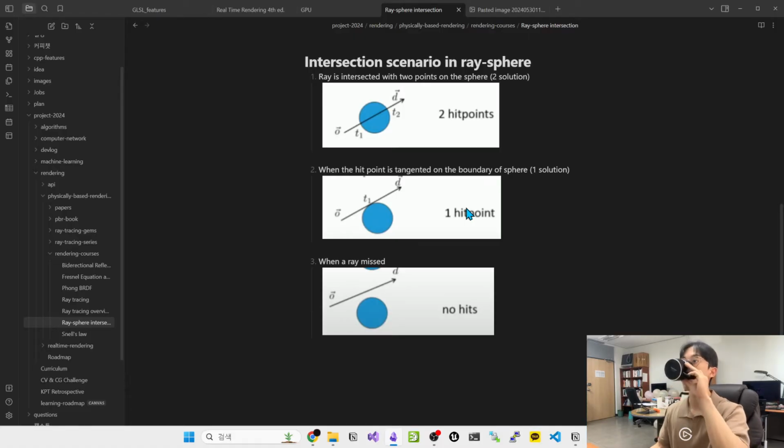Well, this is the equation of a sphere. The P's are going to be the points on the surface of the sphere, and the C is the center of the sphere, and R is obviously the radius. This is the equation of the ray. We have to mix these two together in some way in order to get an intersection.